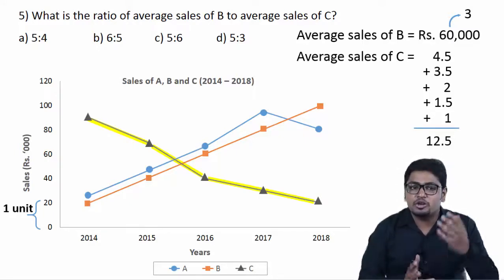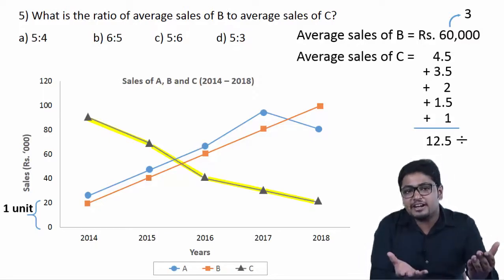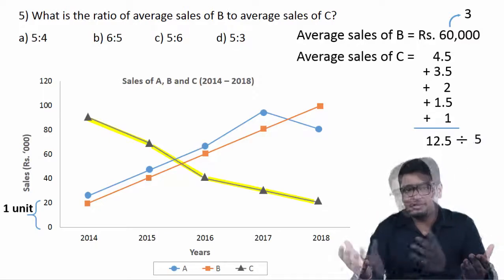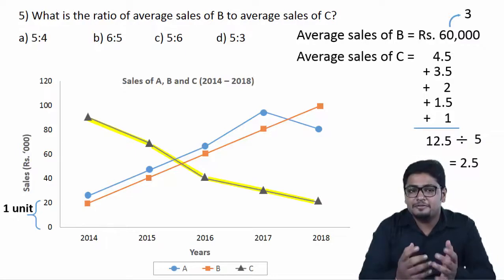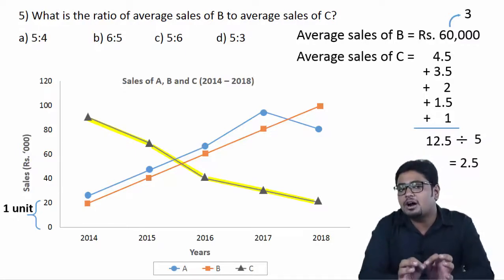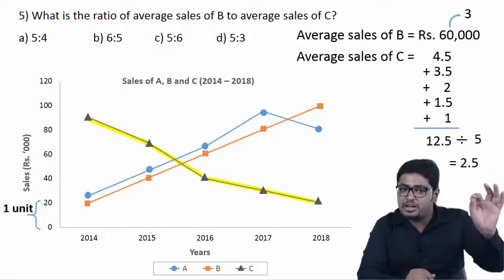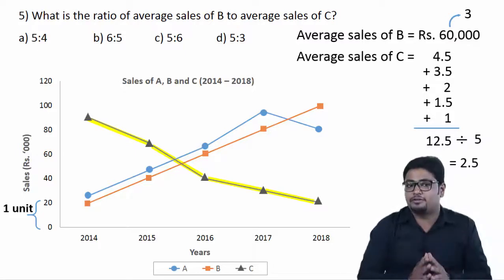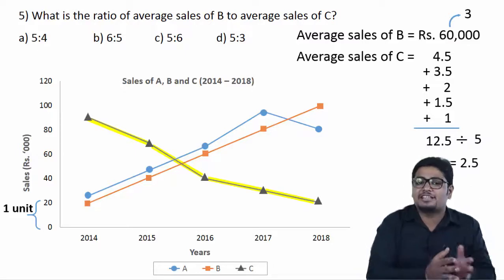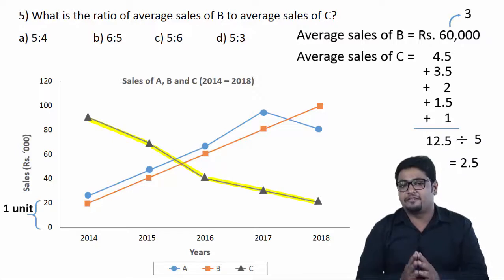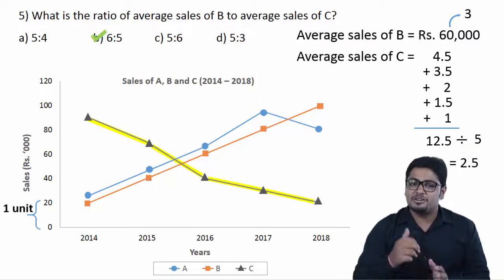Average will be 12.5 divided by 5, which is 2.5. Finally, the ratio comes out as 3 by 2.5, or you can also say it as 6 by 5. That is option B.